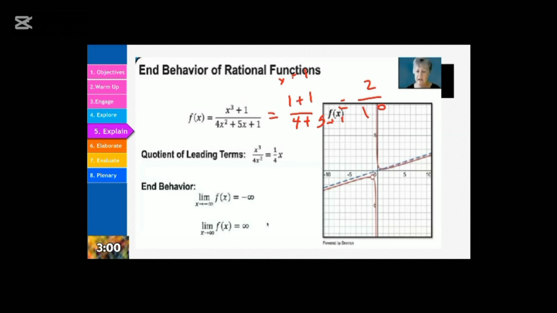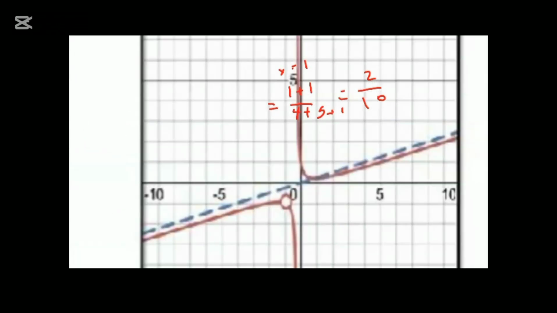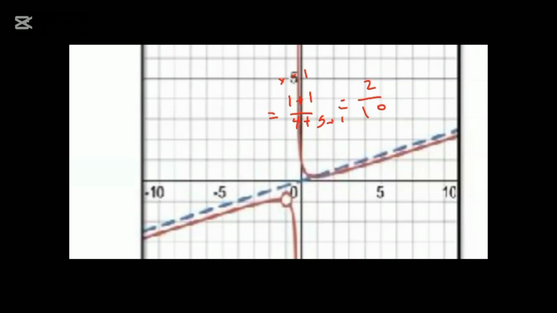So it will be very close to 0, but it's not equal to 0. You see? Here, I put it. When it's 1, it's 2 over 10. So if you cut this into 10 equal parts like that, you will put the point here.